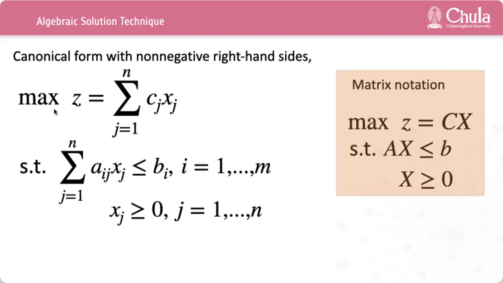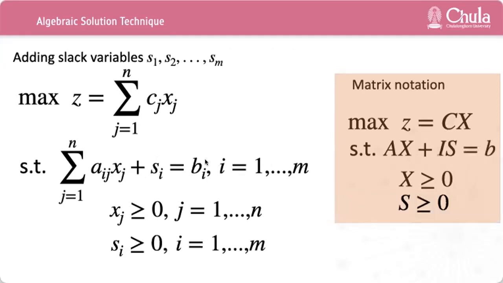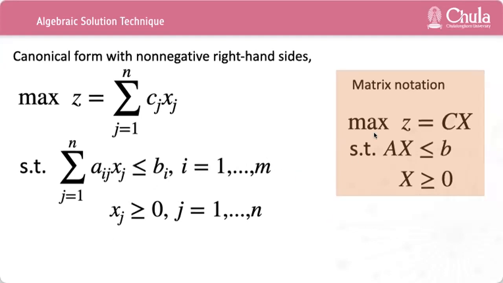Okay, you have the objective function and then the constraints, where the constraint is smaller or equal, and bi must be positive. And of course, from this one, you can write in matrix form. You have the matrix A, vector x, and also vector c and vector b, right?